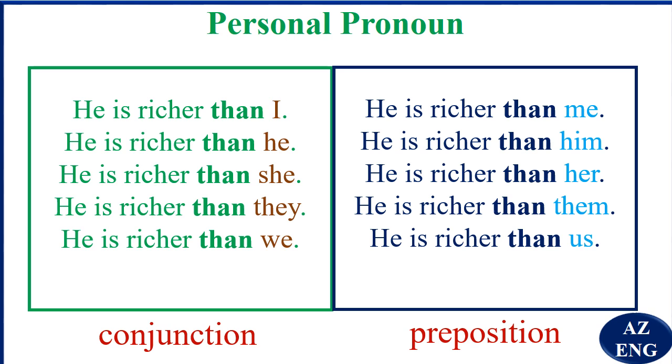If that's what you were taught, for the sake of your marks, you are doing an exam, use than I, than he, than she, than they, and than we to have your marks. But you see that both are correct, but you see the difference. So I hope you are not confused. Let's move on.